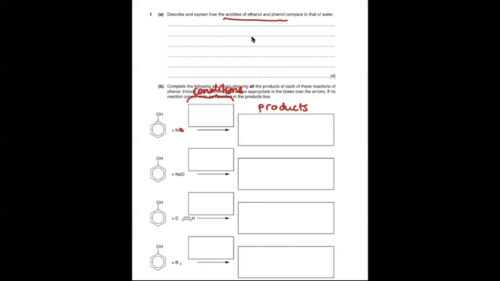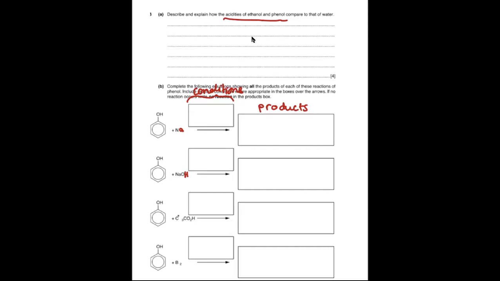Okay, for the second reaction, this one is the reaction of sodium hydroxide with phenol. Again, if there is a product, write down the product, and if there is a special condition needed, then you write down the conditions. Otherwise, you would just say no special conditions. Like if the reaction occurs at room temperature, there's no special conditions.